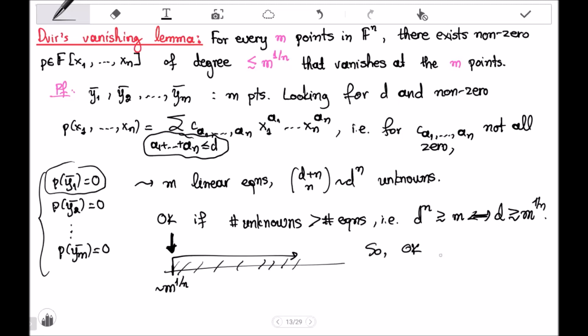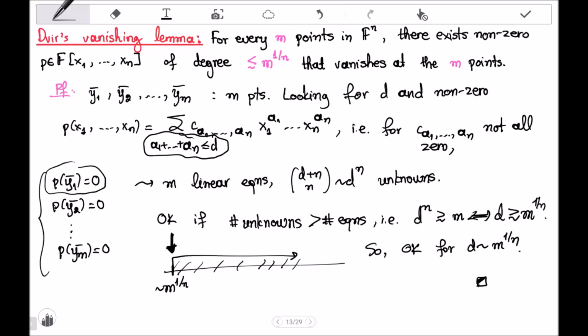So we're okay, even if we choose d to be about that threshold. And what does this mean? It means that for this d, there exists a polynomial of degree at most that d, and therefore at most about m to the 1 over n, satisfying exactly what we want.